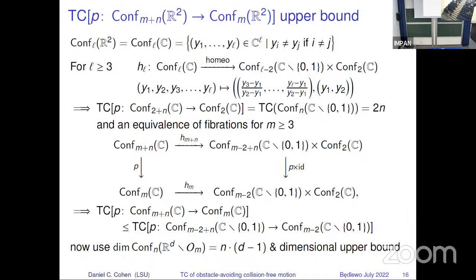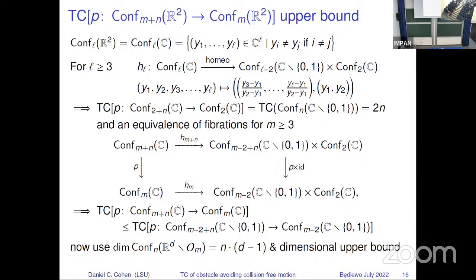In general, you get an equivalence of bundles. And the second factor in this equivalent product bundle is a trivial bundle. So this fibration contributes nothing to the topological complexity calculation. And it says that the topological complexity of the left-hand fibration is at most the topological complexity of the right-hand fibration, where you ignore the trivial piece.